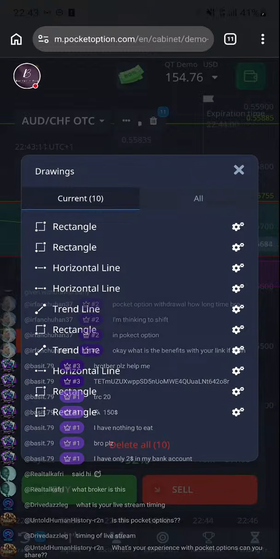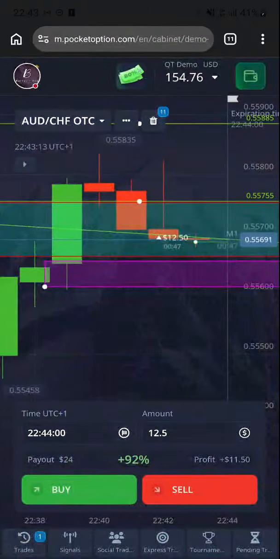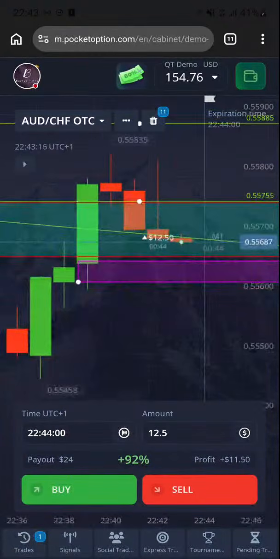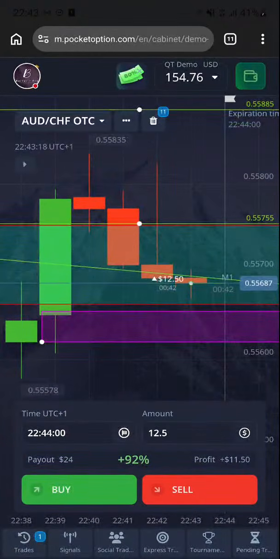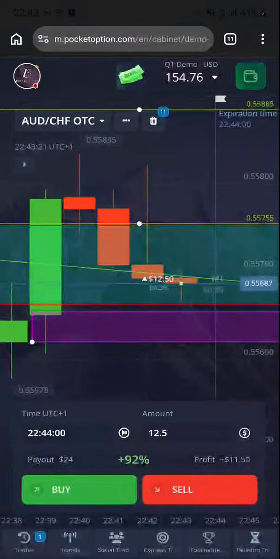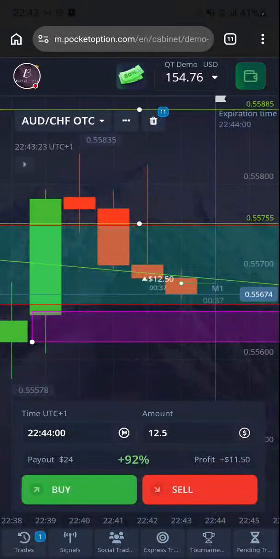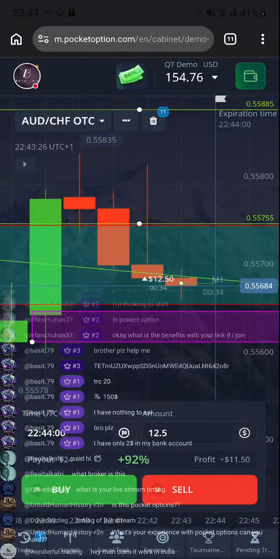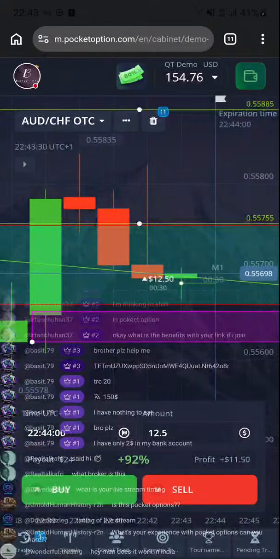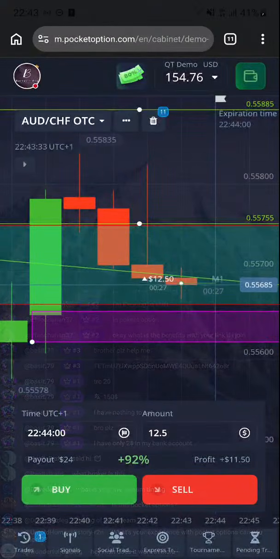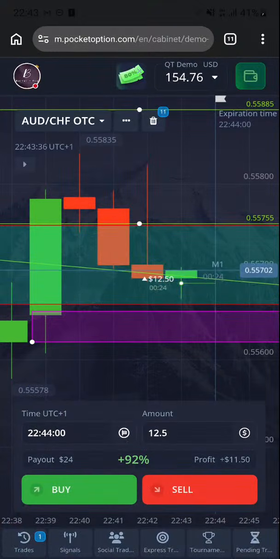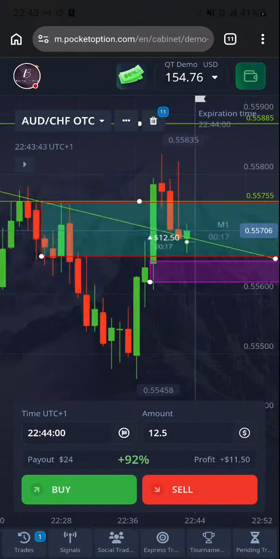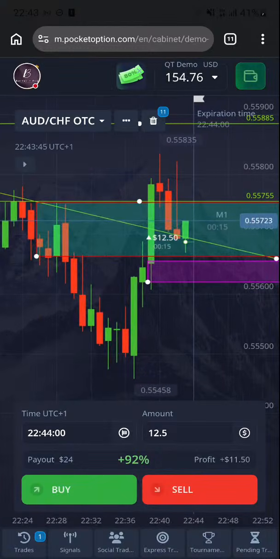What's your experience with Pocket Option? Can you share? I've been sharing my experience all day. It's not about the broker itself actually. Most of the things I share here don't even concern the broker. What I share is about trading experience, strategies, and concepts. Those are things that every trader should learn, regardless of whether you are on this particular broker or not. I'm not even bothered about the brokers because I don't send them, they don't send me.